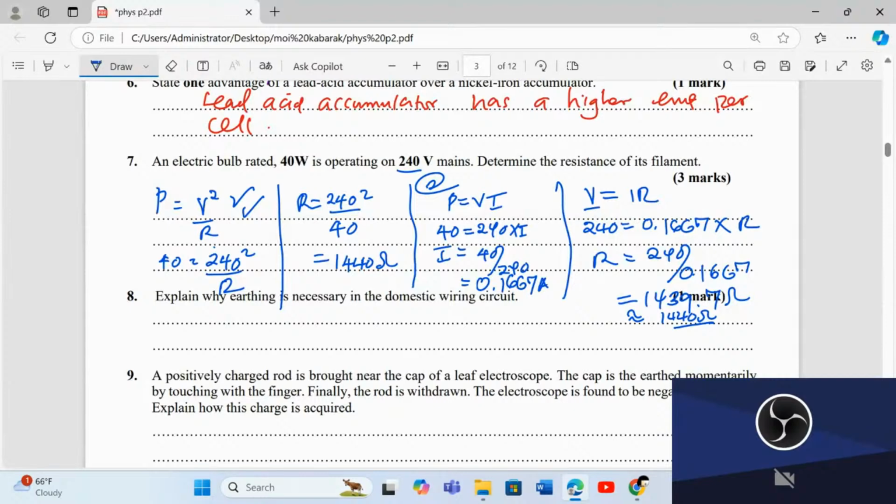So this one prevents the risk of electric shock in case of a fault.